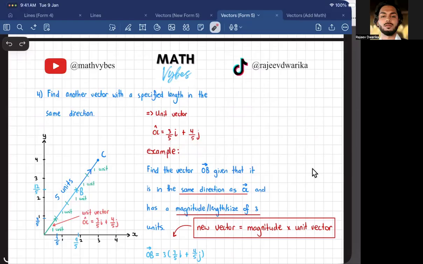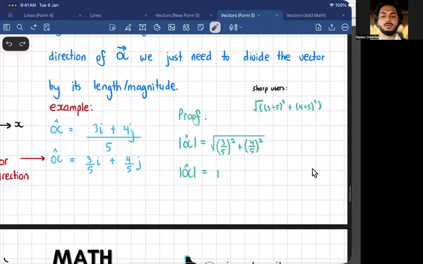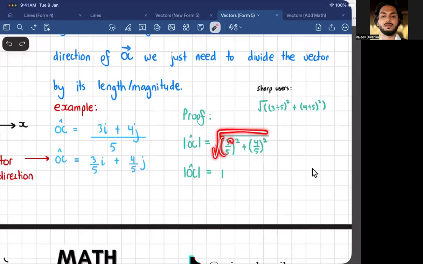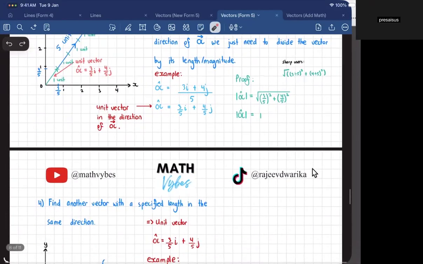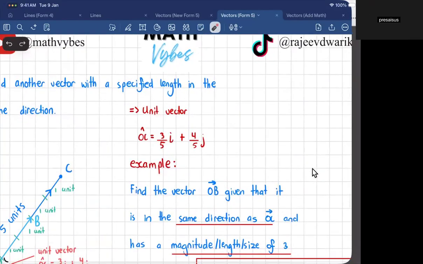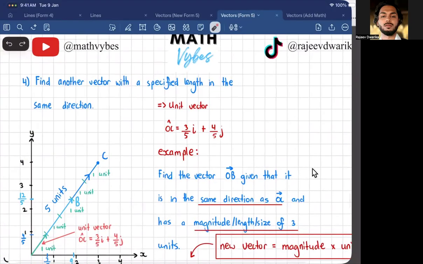No, that's the vector itself. If you want to find the magnitude, it would be the square root of 3 over 5 squared plus 4 over 5 squared. Right? I keep on forgetting that part too, the squared. But you don't need to do all that. Since we took the big vector and divided it by 5, what should be its length anyway? It should be 1, right?